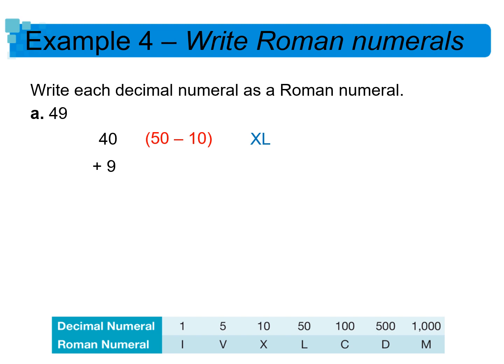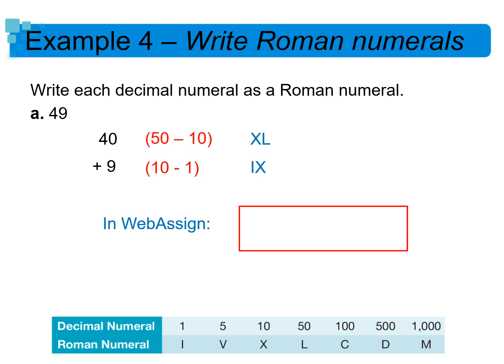And then to get 9, I want you to think about that for a second, and if you need to, pause the video, and think, how are we going to get 9? All right, so hopefully you saw to get 9, we're going to take 10 and subtract 1. And so to do that, we're going to get IX. So in WebAssign, you would actually type this in as XLIX.